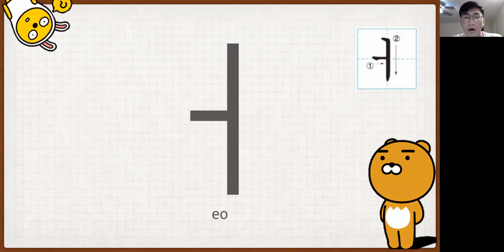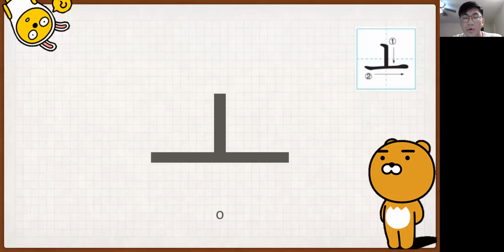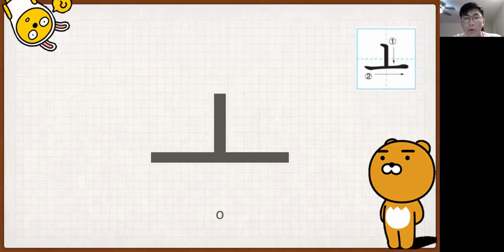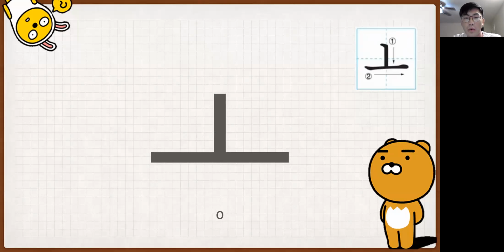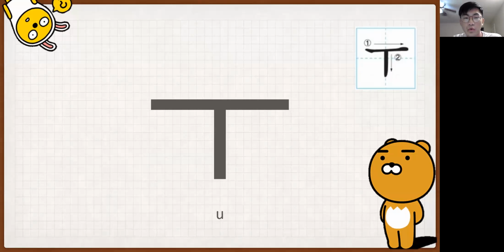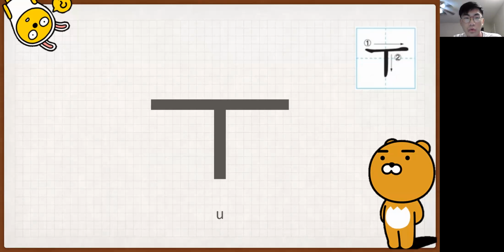Third pair is 오, 요. And the fourth pair is 우, 유. And the last pair is 으, 이.